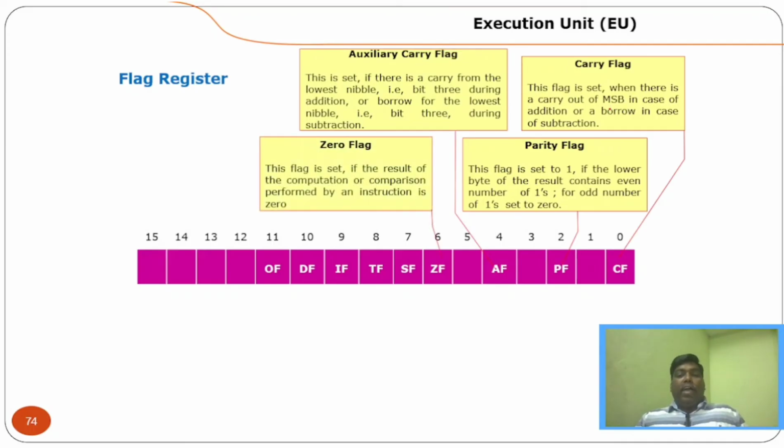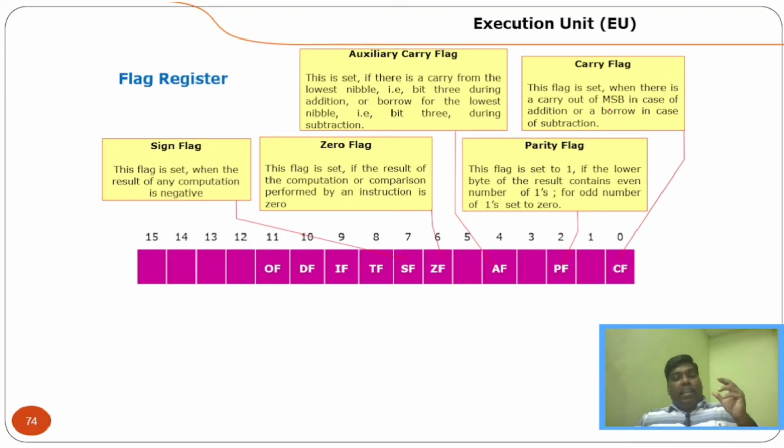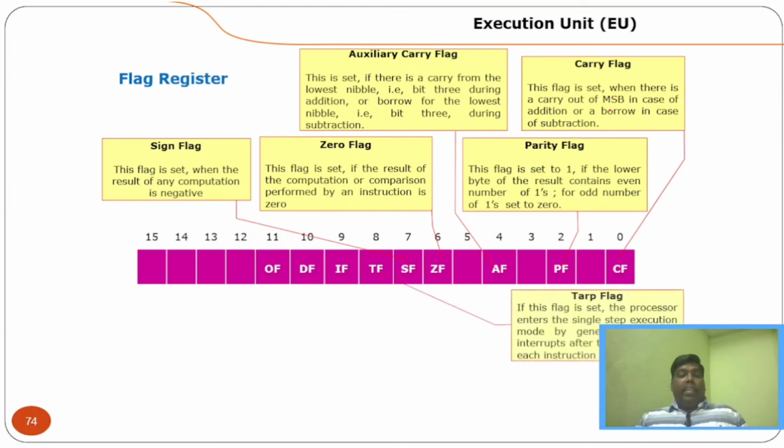What is the zero flag? If the result of the computation is 0, then this flag will be enabled. And what is the sign flag? Whenever there is a negative sign in the result, it will be indicated by this particular flag. And the TF flag, as I said, helps the microprocessor to enter the single step execution mode, which is a debugging mode. The interrupt flag is enabled whenever there is an interrupt.